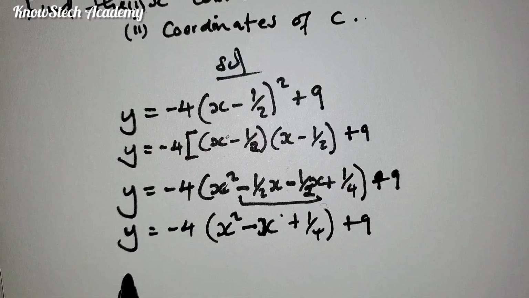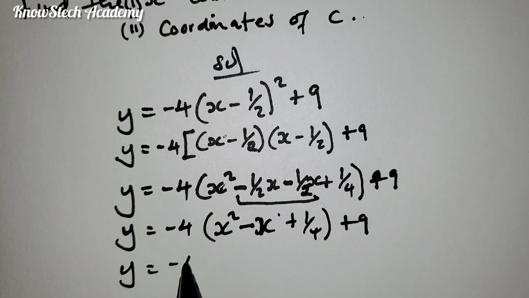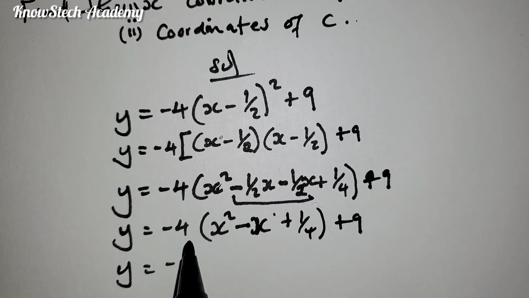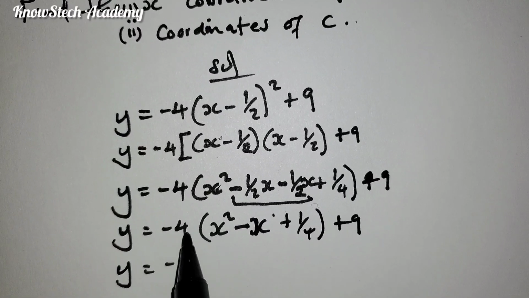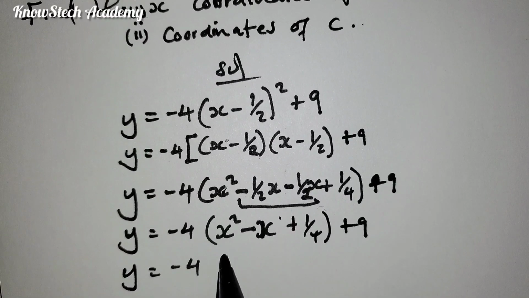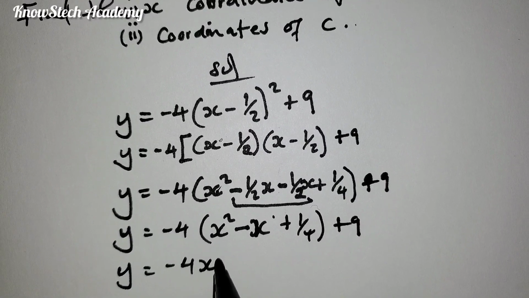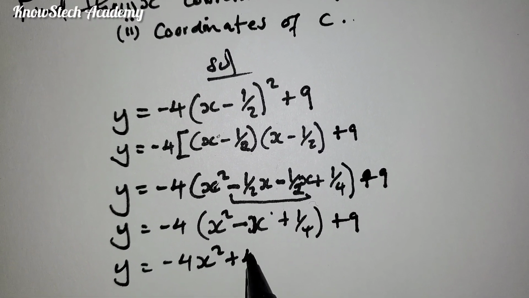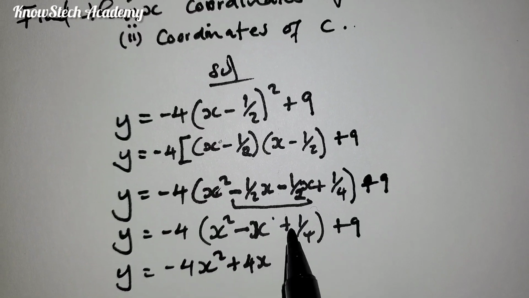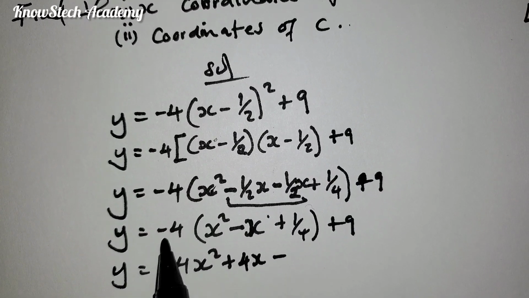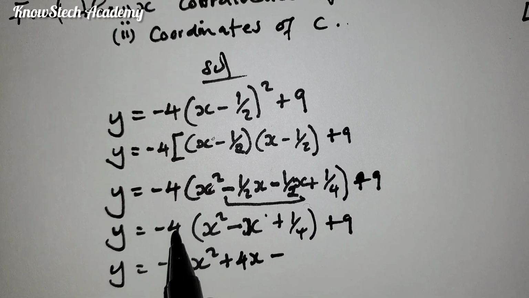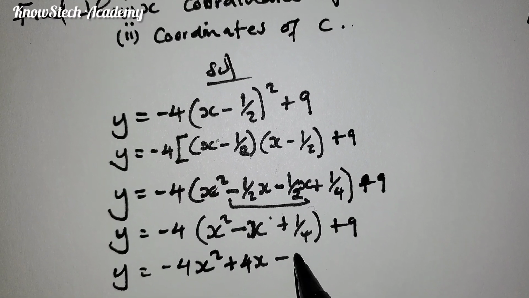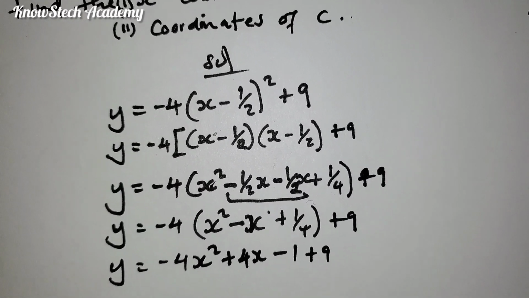Then y equals -4. We expand throughout. -4 times x squared will be -4x squared. Negative times negative, positive 4x. Negative times positive will be minus. 4 divided by 4 will cancel, just remain with 1 plus 9.